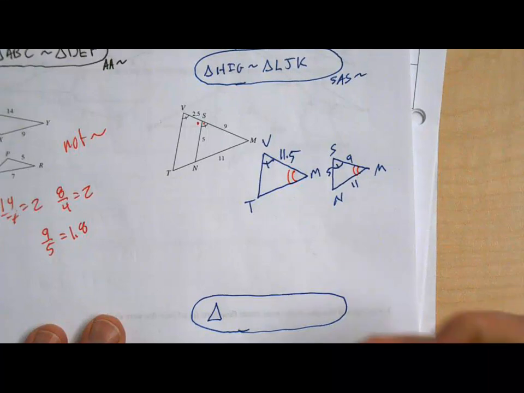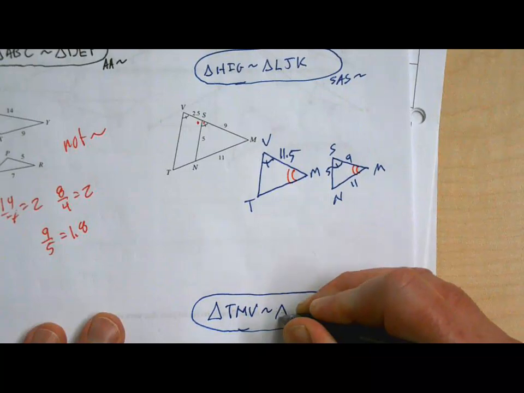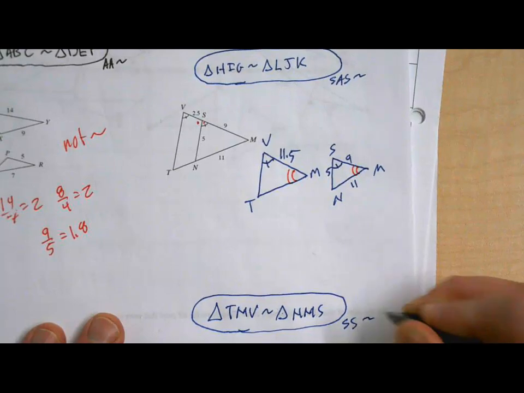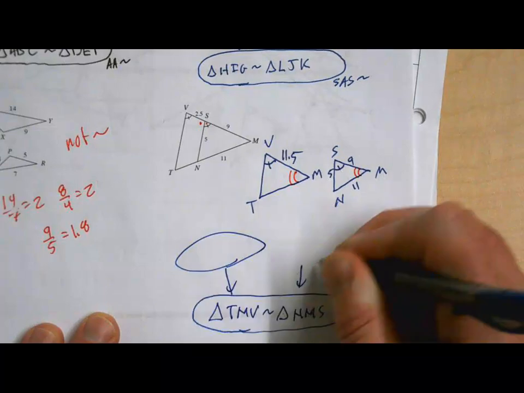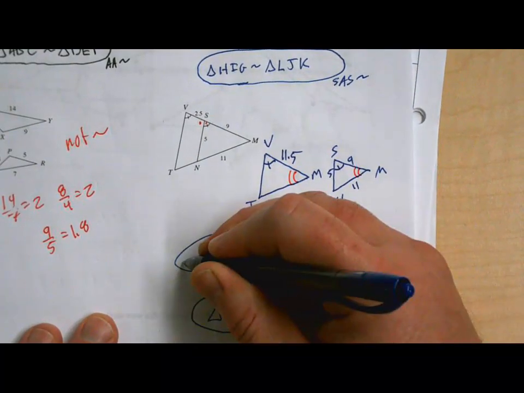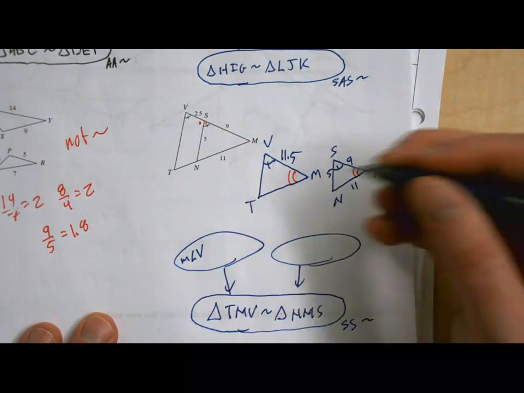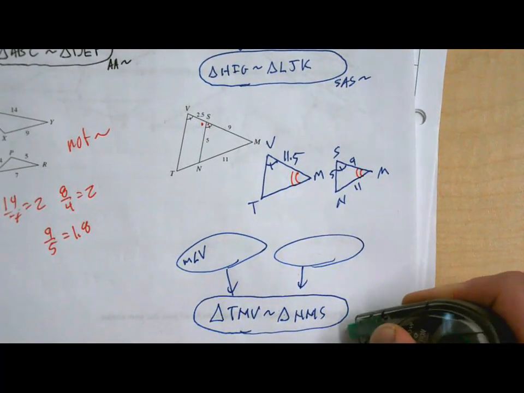All right, so triangle TMV is similar to triangle NMS. We've got AA similarity, and we just need two bubbles, one for each pair of angles. So I'm going to say the measure of angle V. Sorry, that should be AA. Thank you. There is no SS.